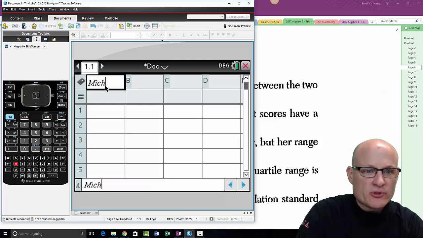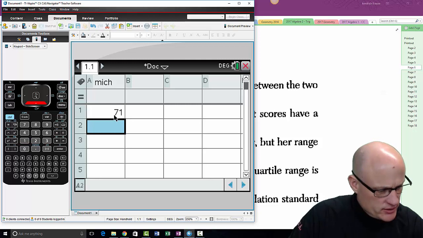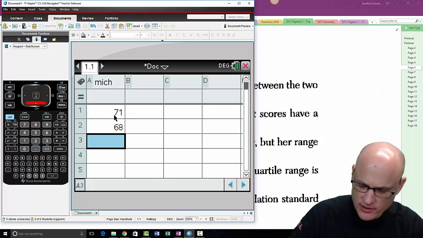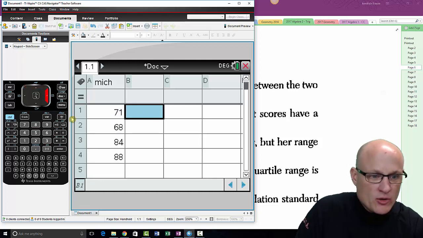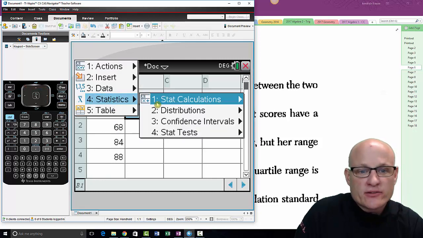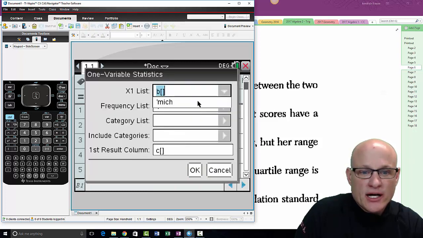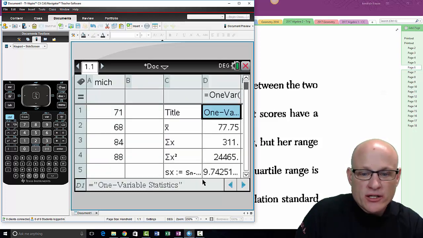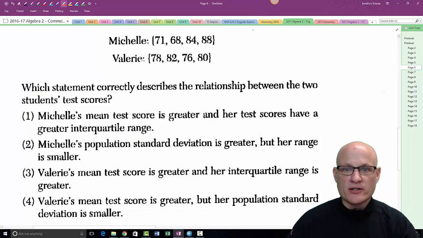This is Michelle: 71, 68, 84, 88. I go menu, statistics, stat calculations, 1 variable statistics, click OK. I'll choose Michelle, click OK. So there's the information about Michelle. Her X bar, the mean, is 77.5.